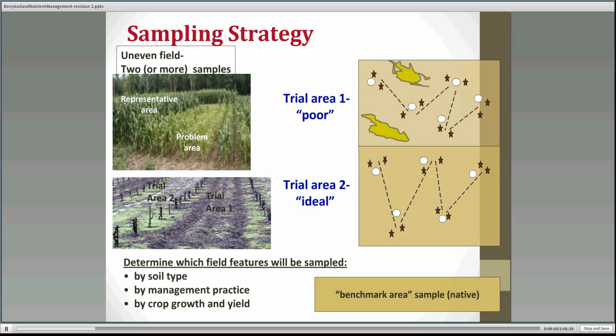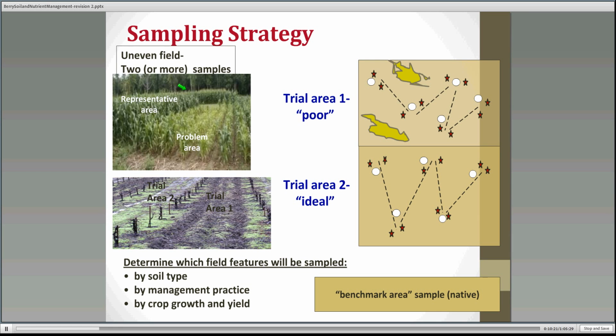Now, it's important to look at how you'd want to obtain a sample. In the case of problem identification, you can see by the green arrow there's an area of sweet corn in this case that's not performing very well, and yet a majority of the rest of the planting is doing very well. This is an opportunity to take some samples to identify what the problem might be.